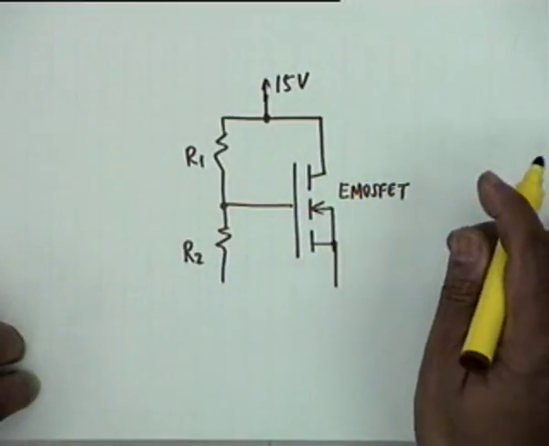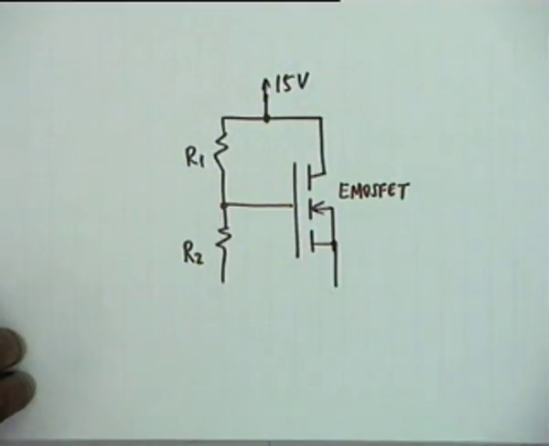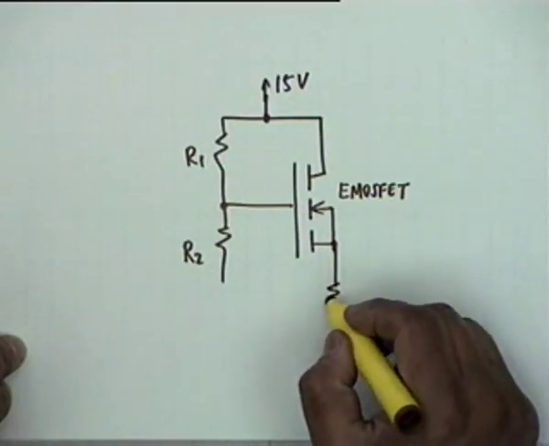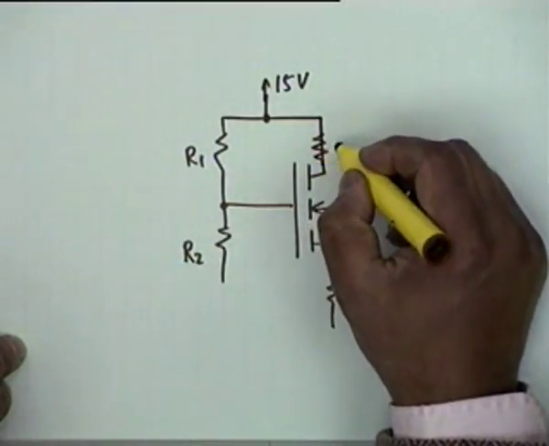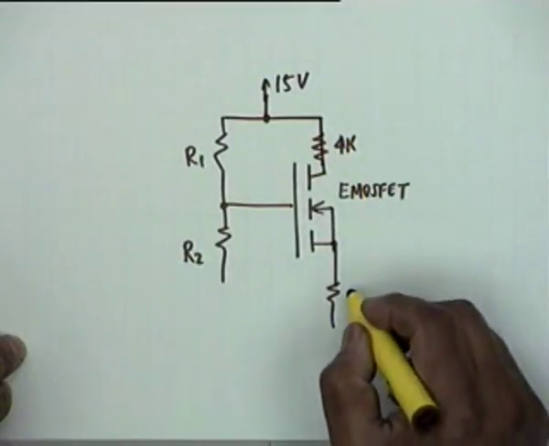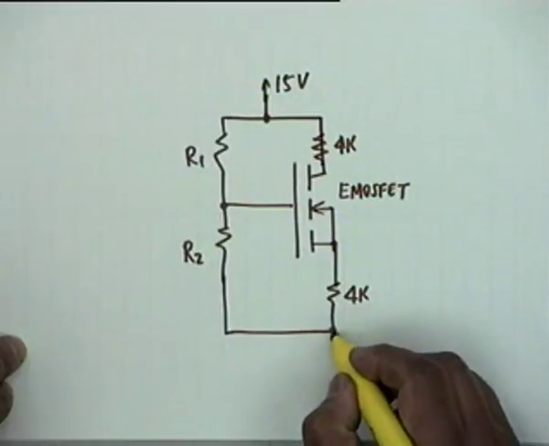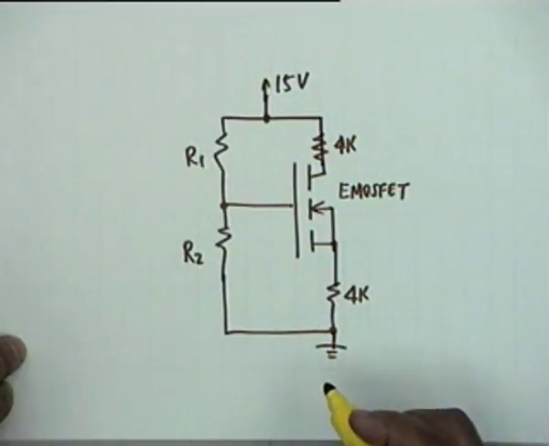So VT, threshold voltage, it requires a positive threshold voltage, and the circuit is, there is a resistance here, sorry, this is a 4K resistance, and there is a 4K resistance here, and this comes to this point and goes to ground.